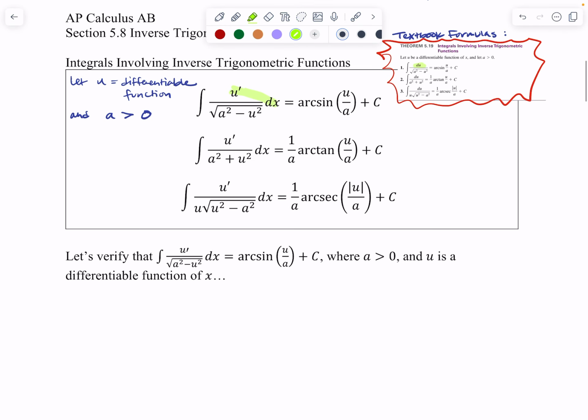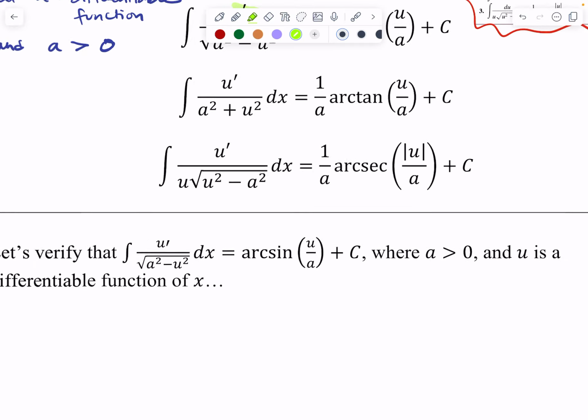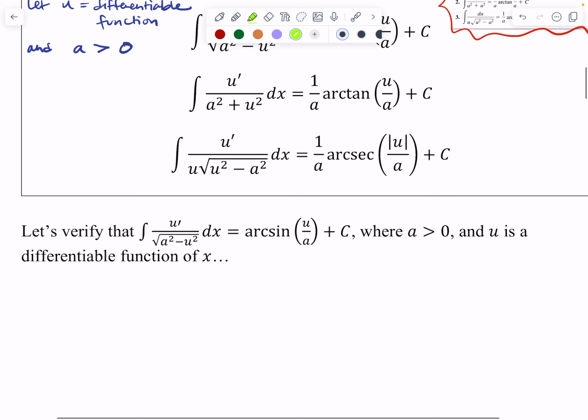So first, why don't we look at that first formula, which says that the integral of u prime over the square root of a squared minus u squared dx is equal to arc sine of u over a plus c. So we're going to verify that arc sine of u over a plus c is actually the antiderivative of the function that's in the integrand.